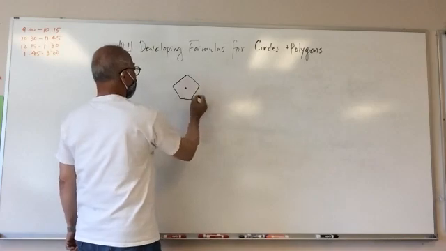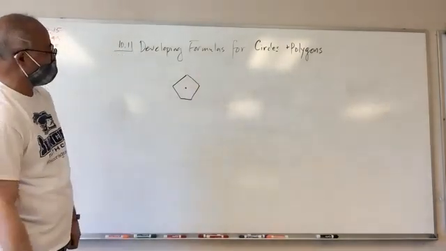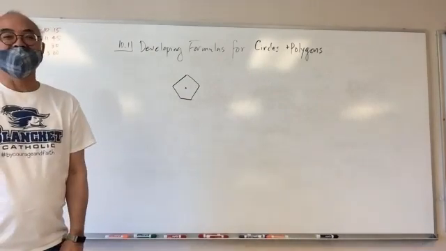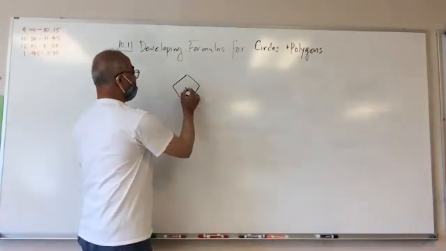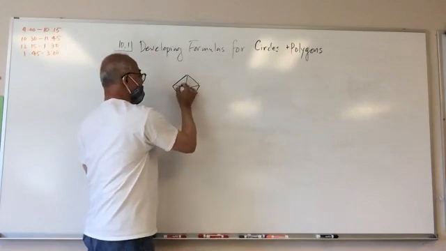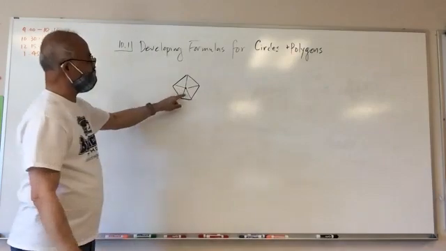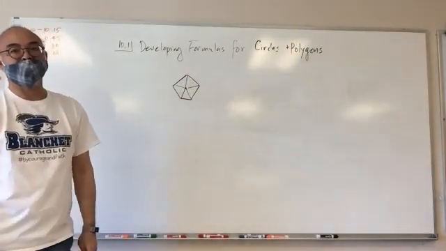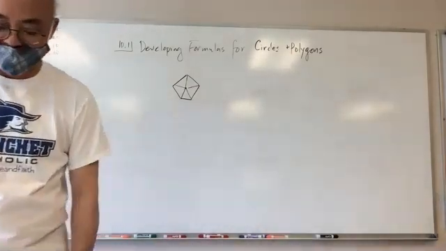This is a circle, so this is or my best try of a pentagon here. Okay. Now, in order to find the area of a pentagon, you're going to have 5 equal triangles here, right? Can you see that each one of these triangles are an isosceles triangle?